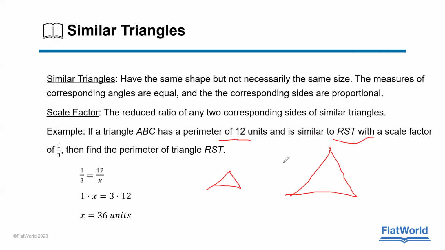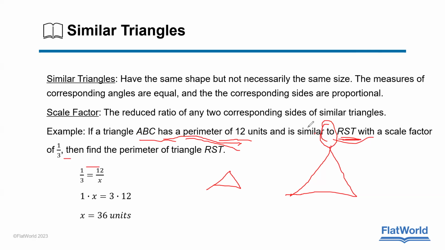So it's like a 1 to 3. The way we lined it up, look how they said it. They said triangle ABC to triangle RST. This order is important. So when they gave the scale factor of 1 to 3, 1 goes with the first triangle, ABC. That's why 1 lines up with 12.